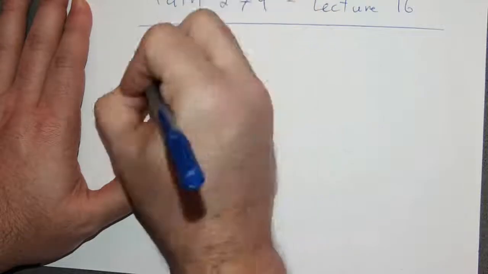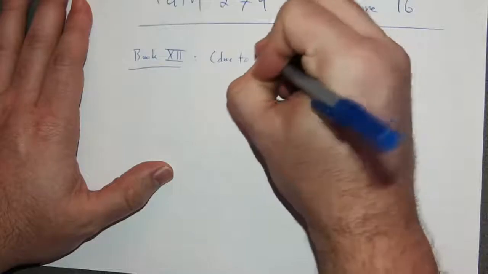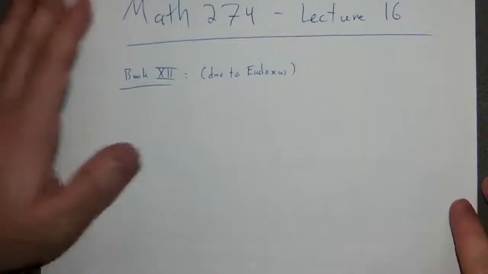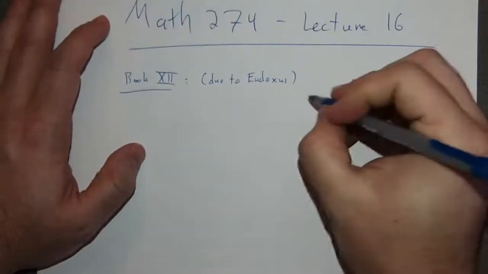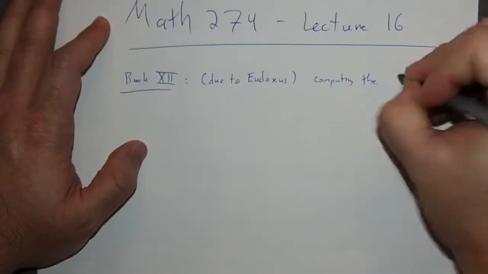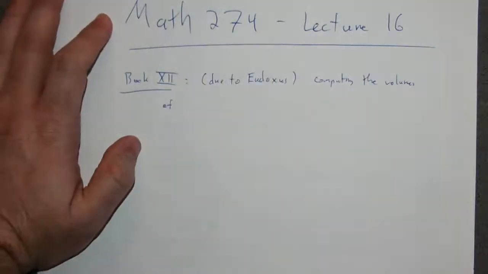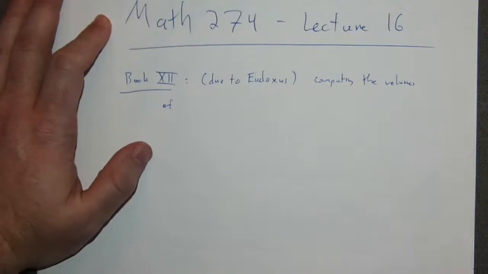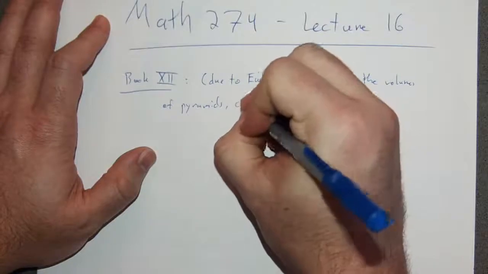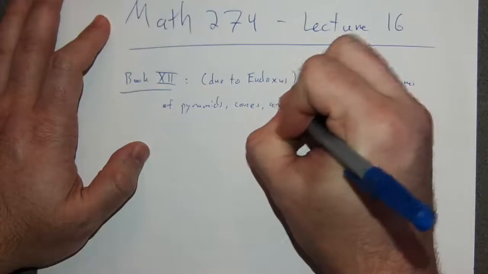So Book 12 is due to Eudoxus, most likely. Other than his theory of proportion, this is kind of his crowning achievement. This is computing the volumes of pyramids, cones, and spheres.